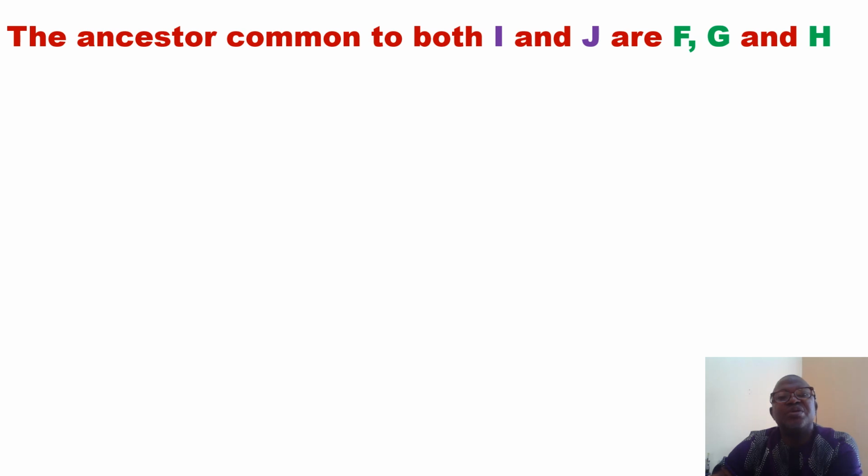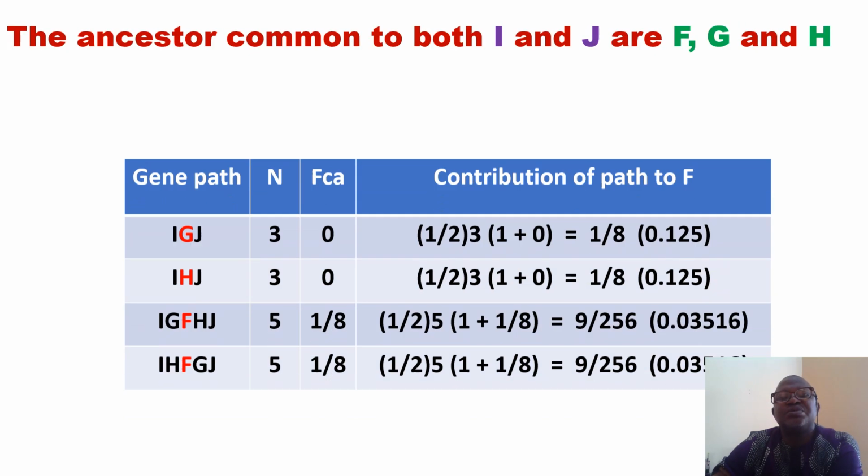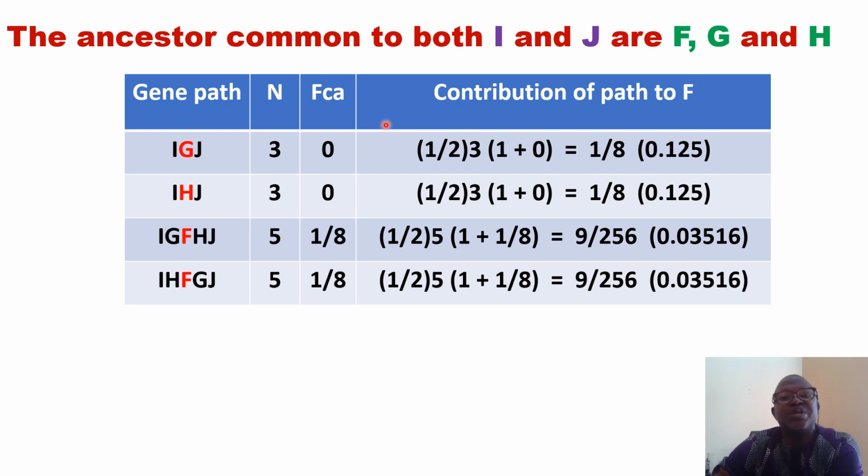So the common ancestors to both I and J are F, G, and H. So we are going to calculate their contribution to the inbreeding occurring within the product of the mating.